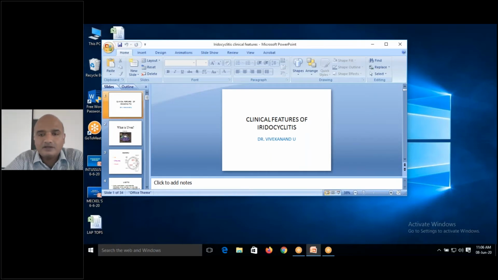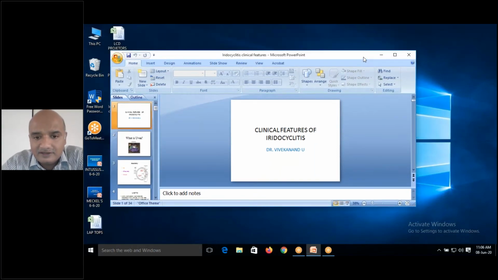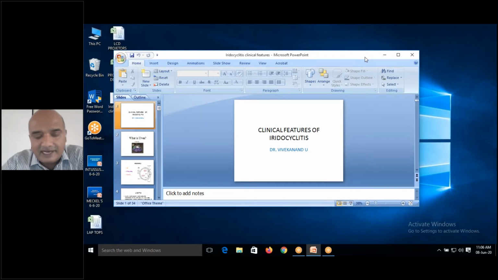So summarizing the whole class, what are the clinical features mainly which we have highlighted of iridocyclitis? You divide the clinical features segment wise. In conjunctiva, we see circumcorneal congestion.